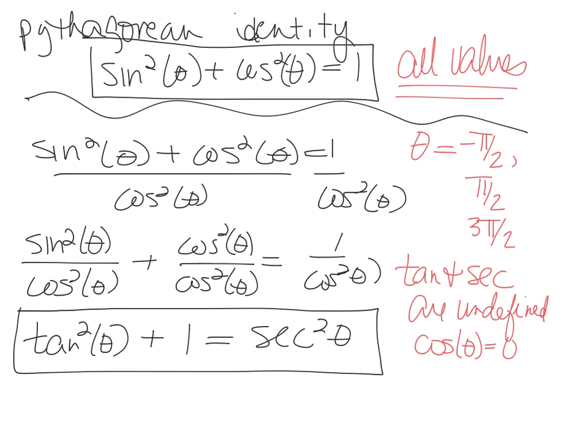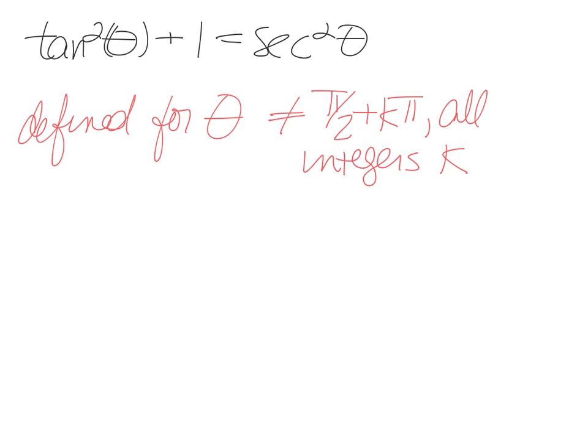It does not work for pi over 2 plus k pi, where k is an integer. So to summarize what I just said, tan squared theta plus 1 equals secant squared theta. That's defined for theta not equal to pi over 2 plus k pi, for all integers k.